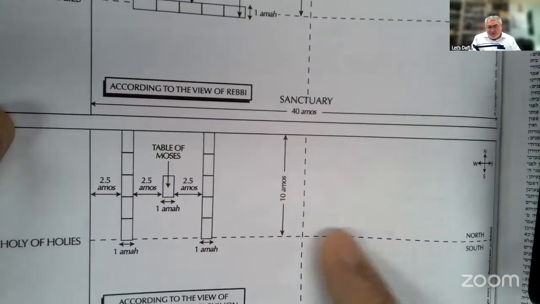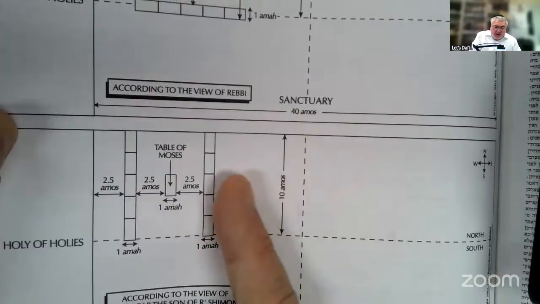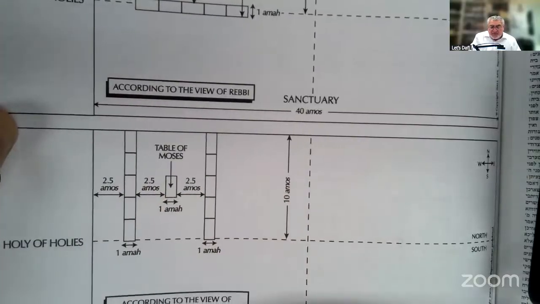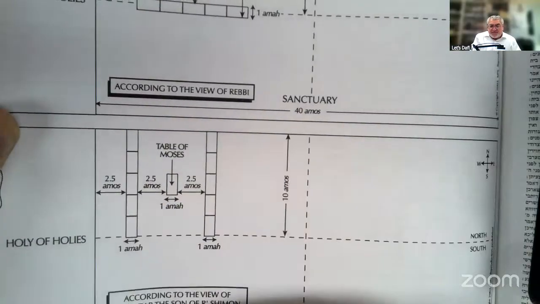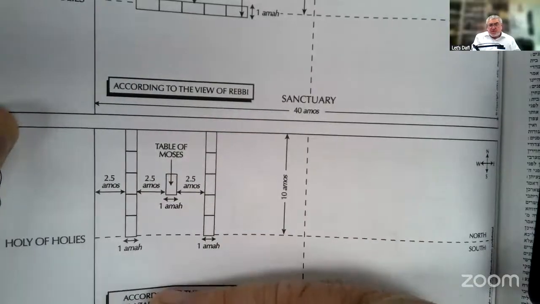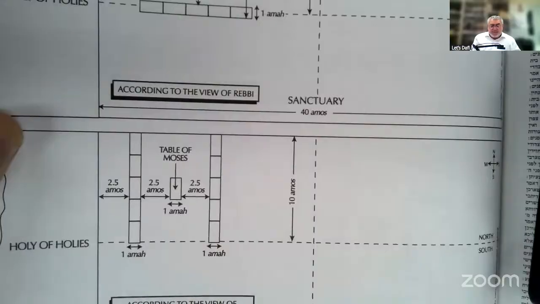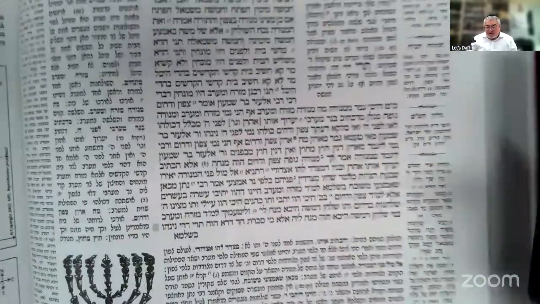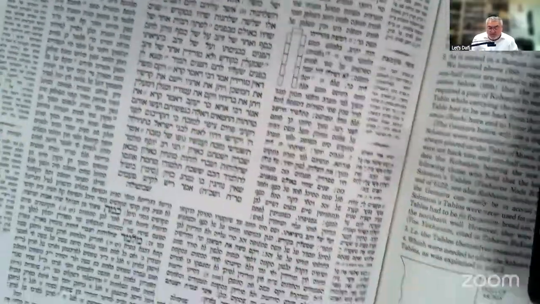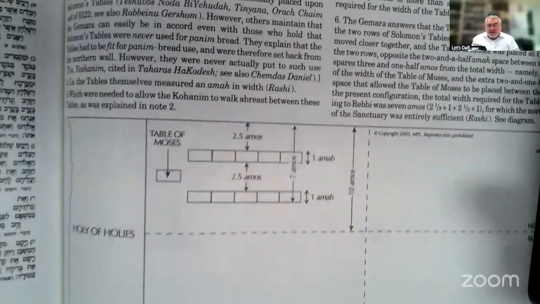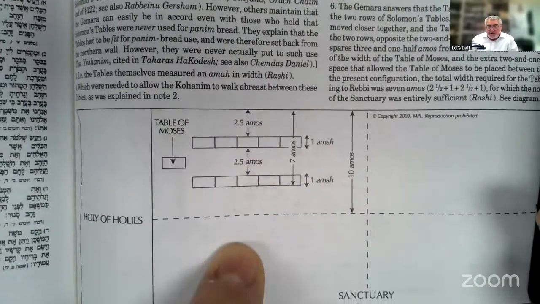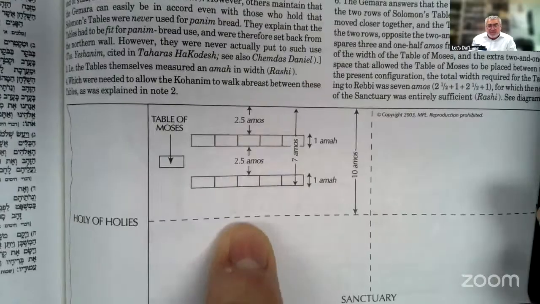So if the Heichal was 40 amos, it should be in the 20 amos closest to the Kodesh HaKodeshim, and it had to be in the northern half, because we know that the Shulchan was B'tzafon, and the menorahs were B'darom.